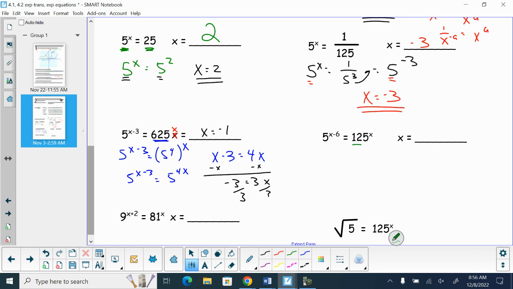Rewrite 125 as a base of 5. Once again, keep it to the exponent of x.